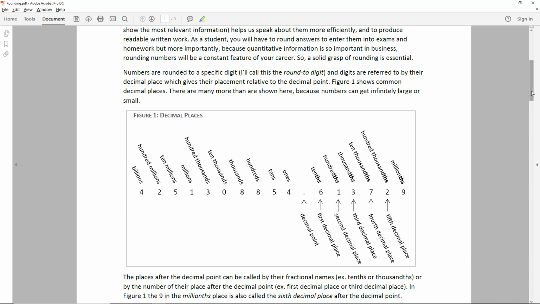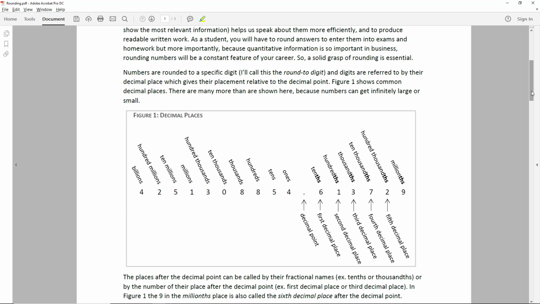Now, if you look at the bottom set of labels, you see the decimal point, and you see that the decimal places to the right of the decimal point have other names. First decimal place, second decimal place, third decimal place, fourth decimal place.